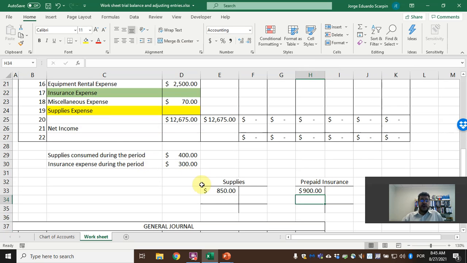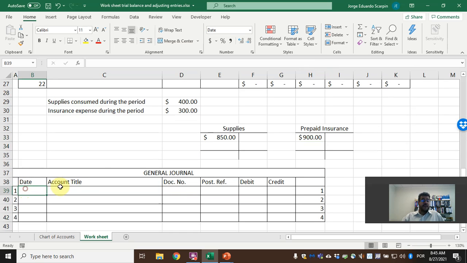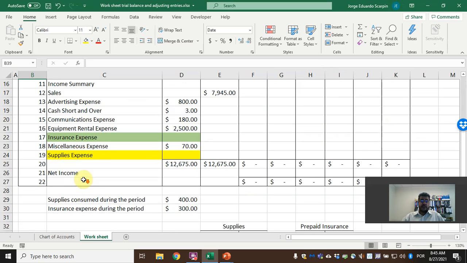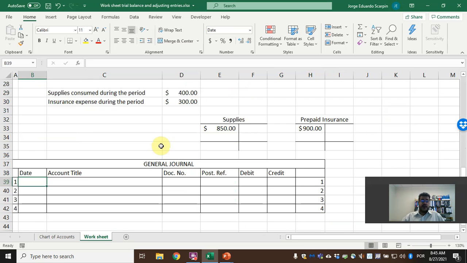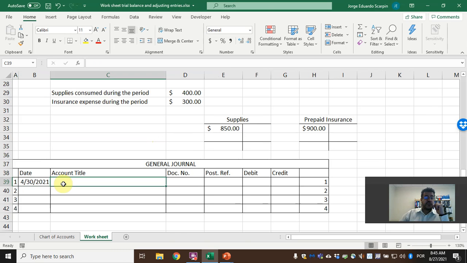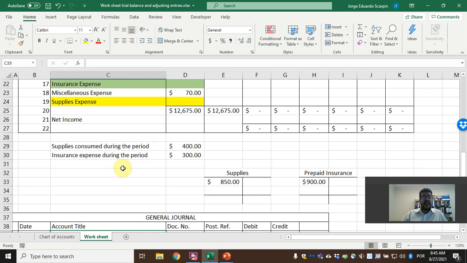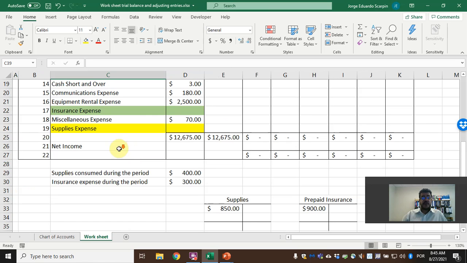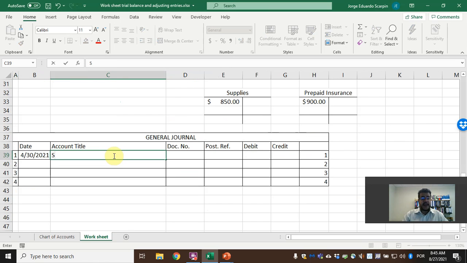Supplies consumed. So, first of all, what date? At the end of our fiscal period. So, April 30th. We are expensing it. So debit, supplies expense.